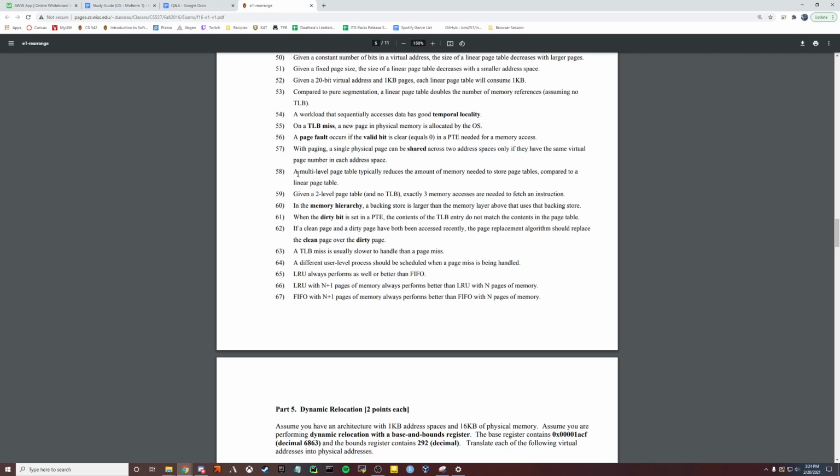Here, 58. A multi-level page table typically reduces the amount of memory needed to store page tables compared to a linear page table. Multi-level page tables start on lecture 7, slide 24.